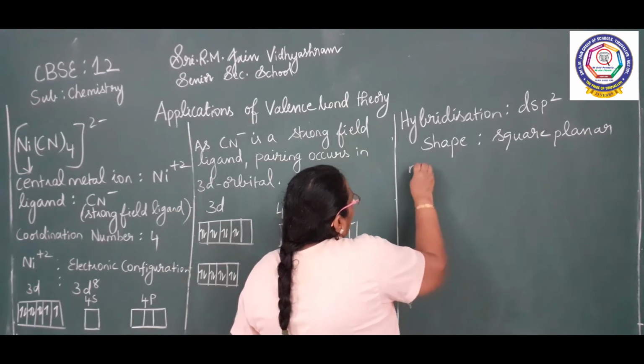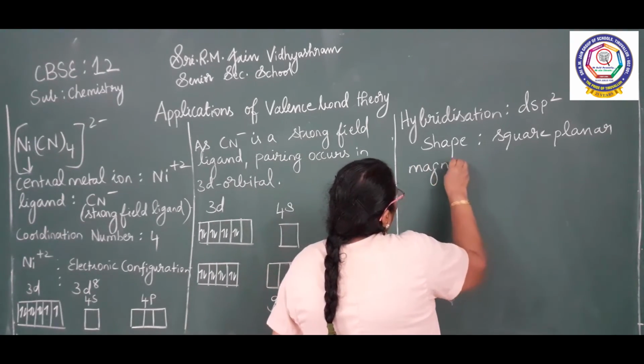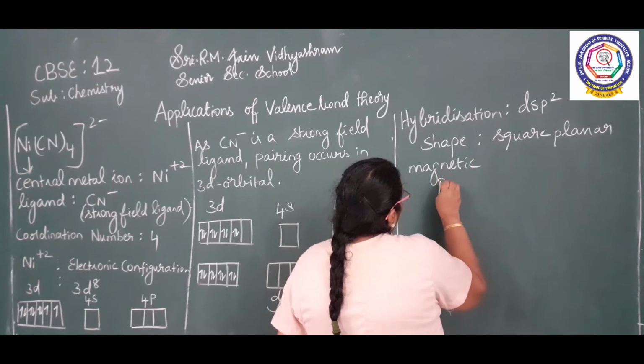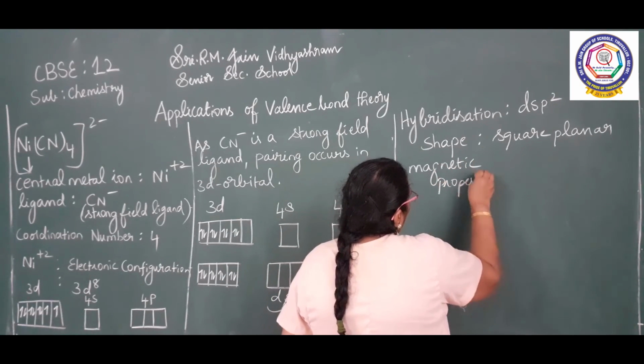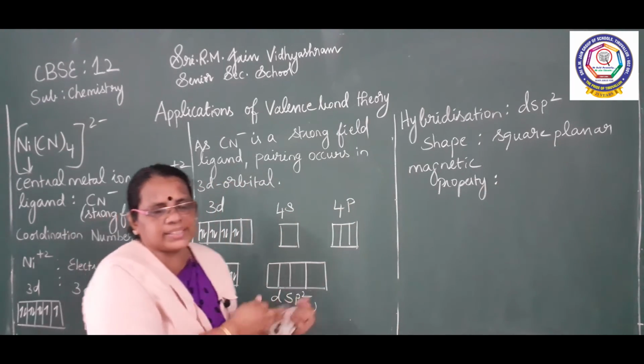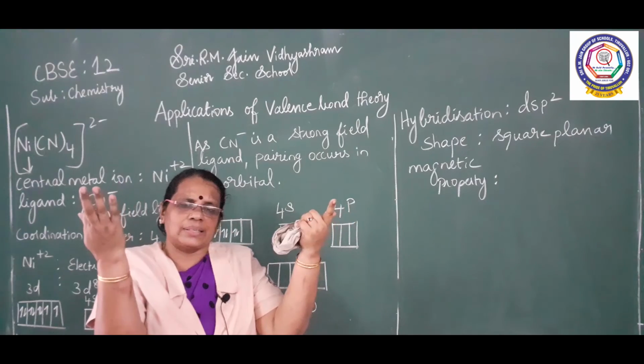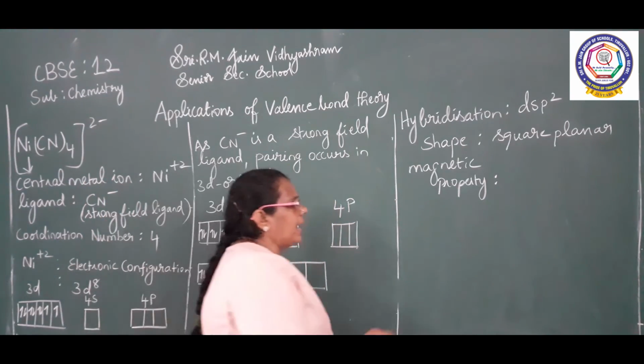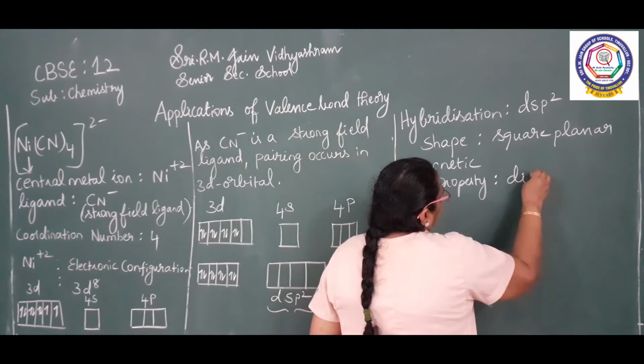When you talk about the magnetic property, see, in this complex there are no unpaired electrons. All the electrons are paired. So it is diamagnetic.